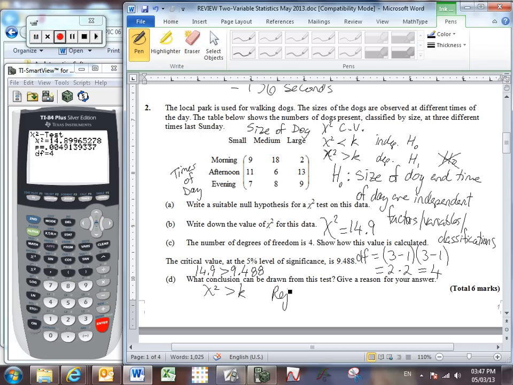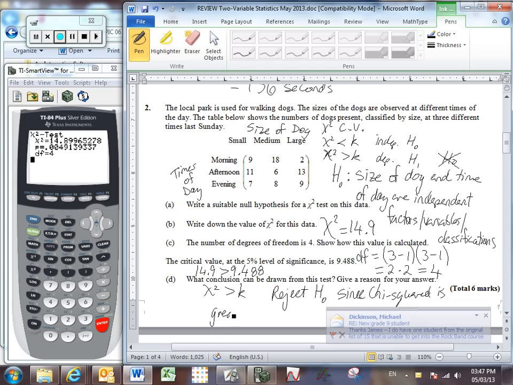We will reject the null hypothesis since chi-squared is greater than the critical value.